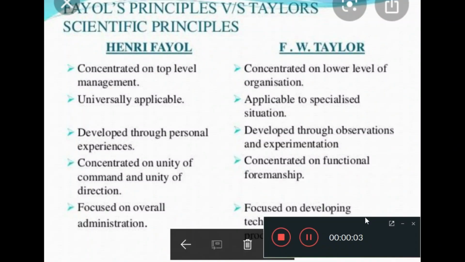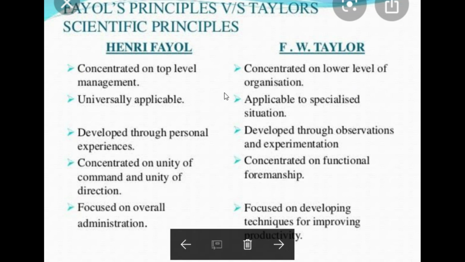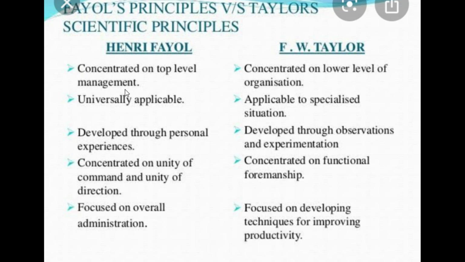Now we'll go through the differences in the approach of Fayol and Taylor while they have given their principles of management. The first point you can see, Henry Fayol concentrated on top level management. That is, he conducted his study at the top level.